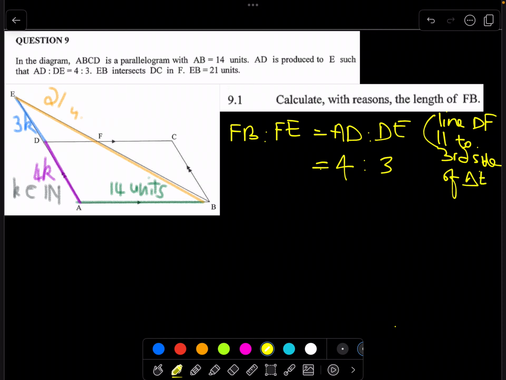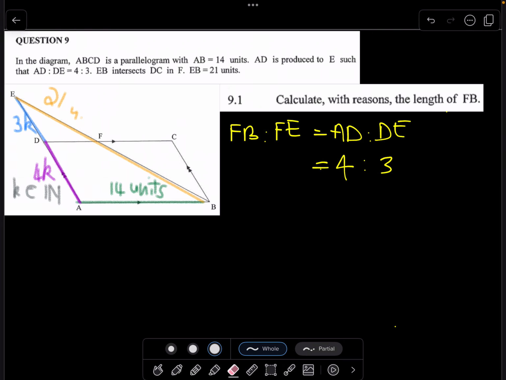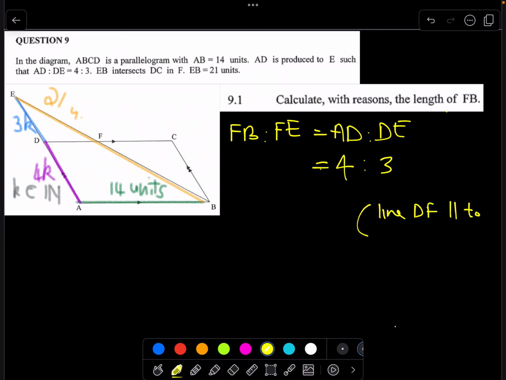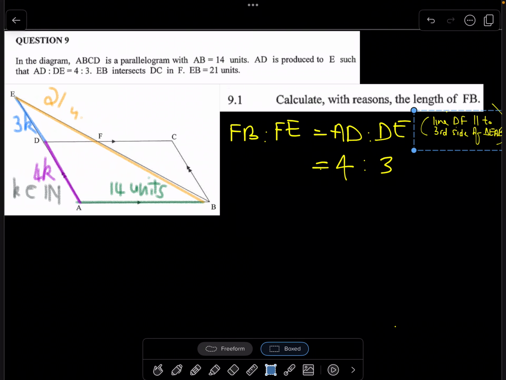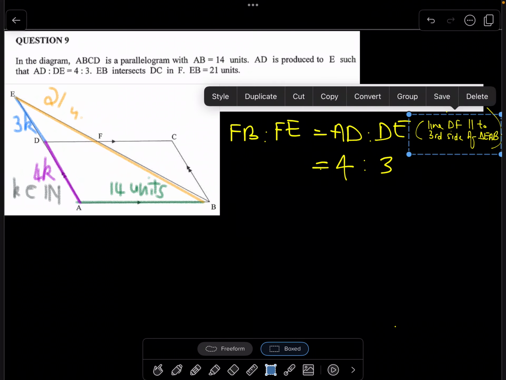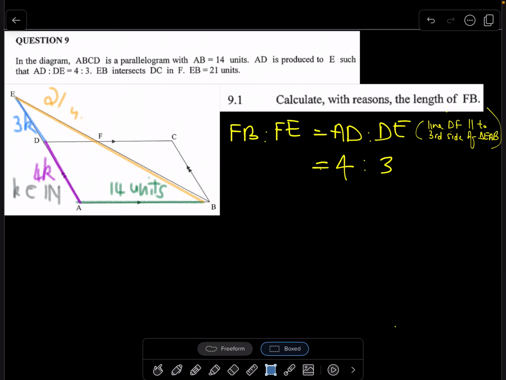Let's write it again over here, and then we'll shrink it. Line DF is parallel to third side of triangle EAB. Okay, so let us shrink that. If that's not how to give the reason, forgive me. I don't know how many times I've looked this up.